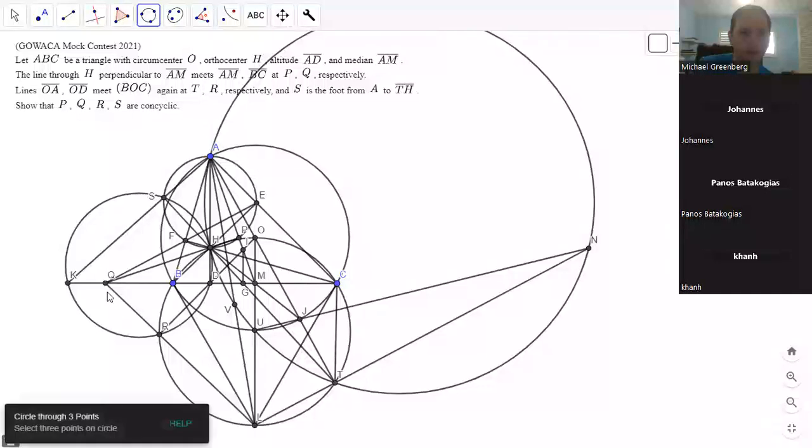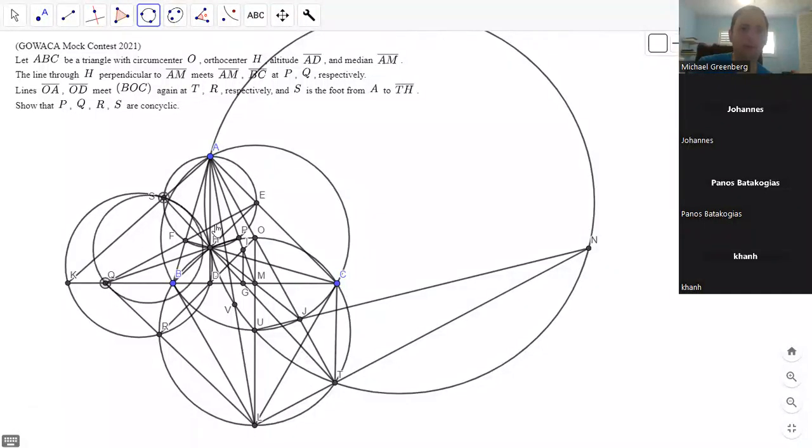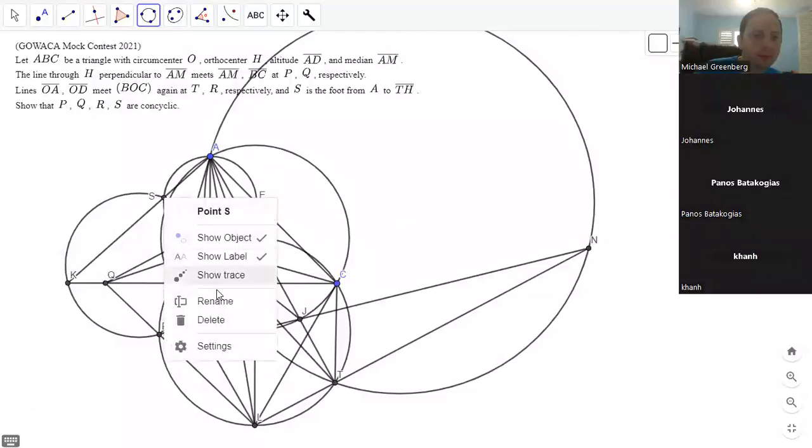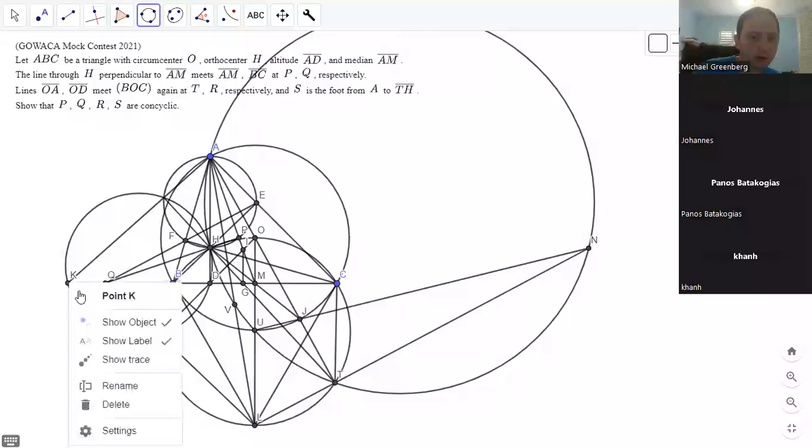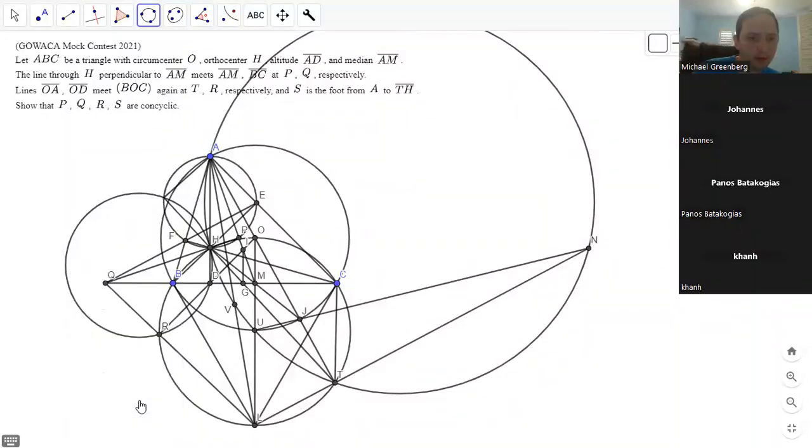Okay. Sorry, I just got back. So SPGQ is cyclic. So that's why we need to prove that QPGR is cyclic in order to prove the original problem. Okay. So we can just delete point S and define G as the intersection of TH and BC. Then we need to prove that PGRQ is cyclic.